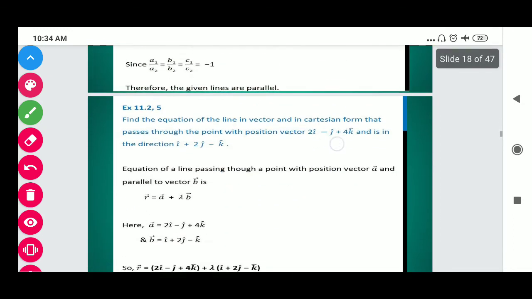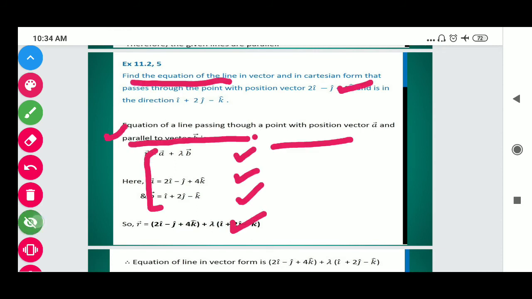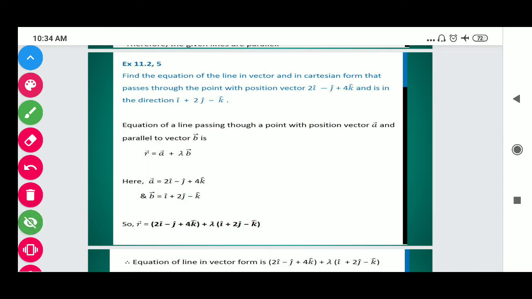Okay. So next question is question number 5. Find the equation of the line in vector and in Cartesian form that passes through the point with position vector and in the direction. In this question, students, we need to find the equation of a line in vector as well as in Cartesian form.